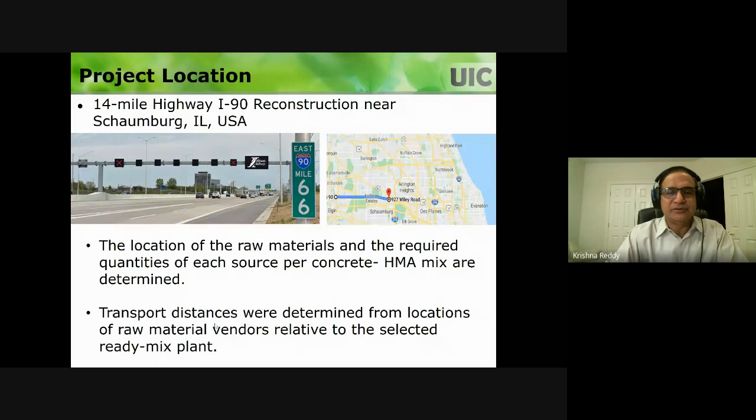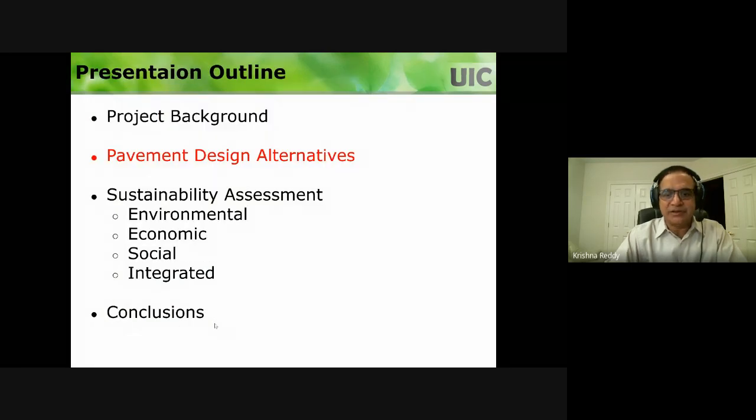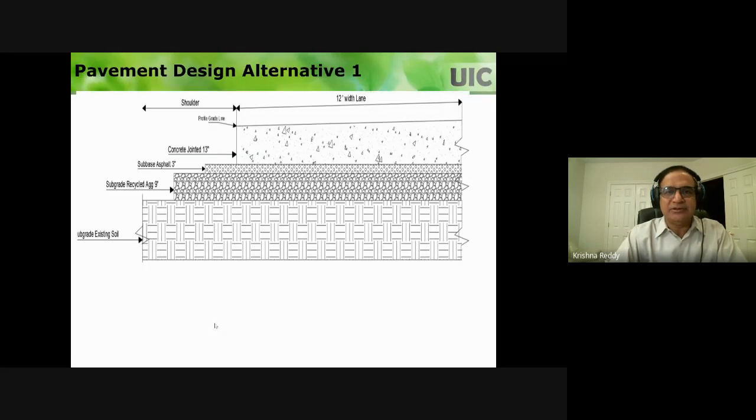You need to know those from the raw material vendors, and maybe, if you are mixing concrete someplace or you're doing it on-site, you need to know where the distances are. So the pavement design alternatives, those three options as I mentioned, the pavement design procedures are very well established, and we teach our students these methods.